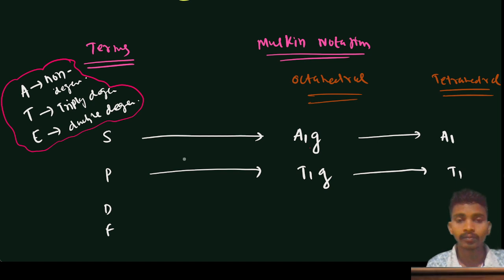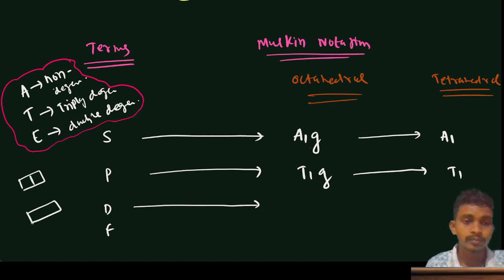Okay, and for D, we are mainly discussing D orbitals. In the d orbitals, either it is doubly degenerate, that means E, or it is triply degenerate, that means T. So here we will get either T2g or Eg.